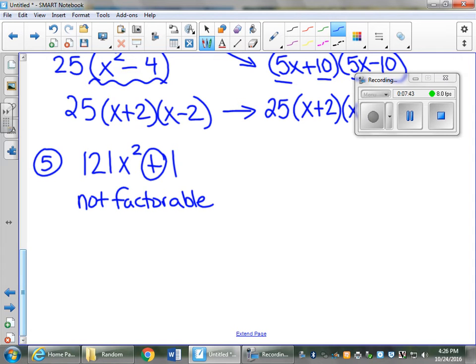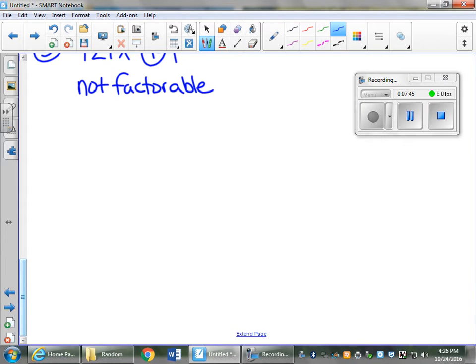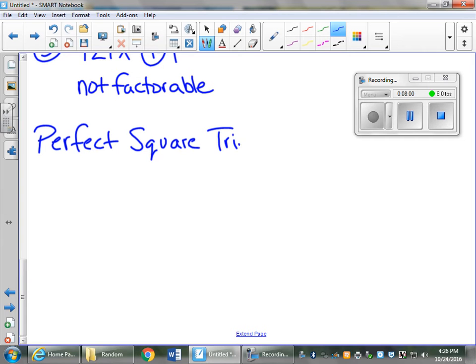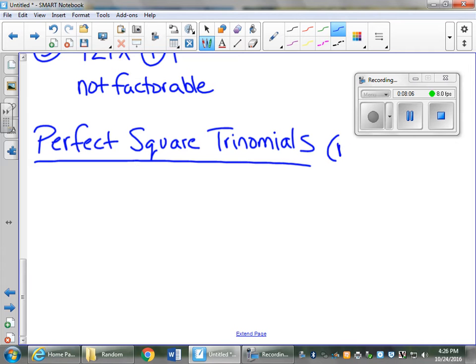The next factoring shortcut is called factoring perfect square trinomials. And I will abbreviate these as PSTs, perfect square trinomials.